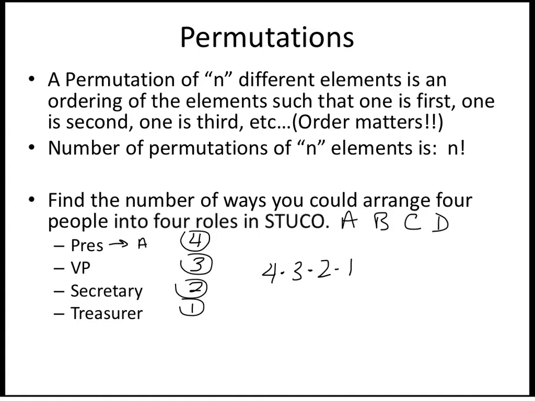And if you get into a statistics course, and I highly recommend you take a statistics course to better familiarize yourself with this, you'll find out that when we want to do "and" type things, that means multiplication, while "or" means adding when we're talking probability, okay? So 4 times 3 times 2 times 1, so we have a total of 24 different ways that we could arrange 4 people into those 4 roles.